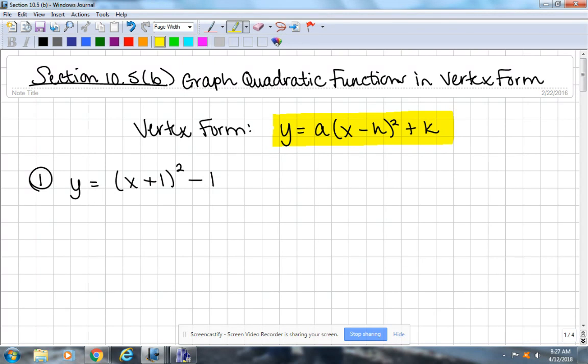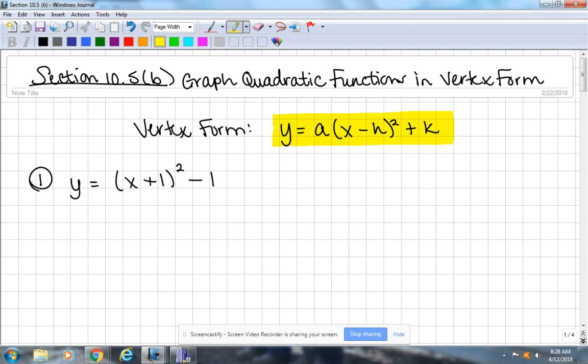You actually need to memorize this form. It's a, parentheses x minus h, squared, plus k. Your a is the same as any a term for a regular quadratic. So standard form is ax squared plus bx plus c. That's what we've been doing everything in since yesterday. So the a is the same. It's the leading coefficient.